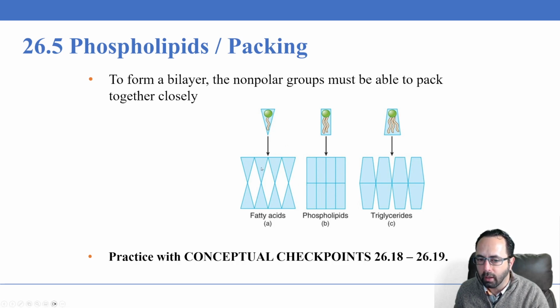If we had only one hydrocarbon chain, the interior of the cell membrane with the fatty parts would be small, and there'd be a lot of gaps in between the chains. If the cell membranes were made out of a triglyceride, we'd have too many fatty acid chains for the polar head, and the polar head would be too small, and so that would allow gaps for things to get into the lipid bilayer.